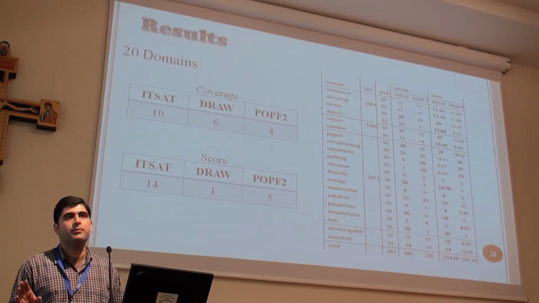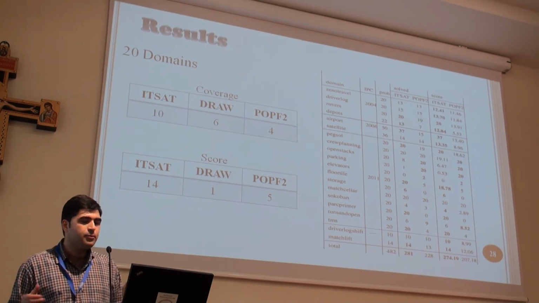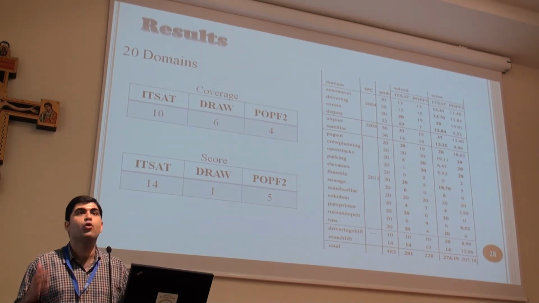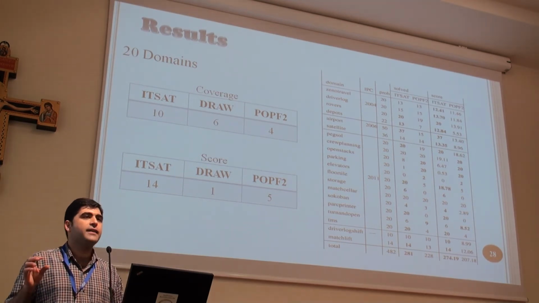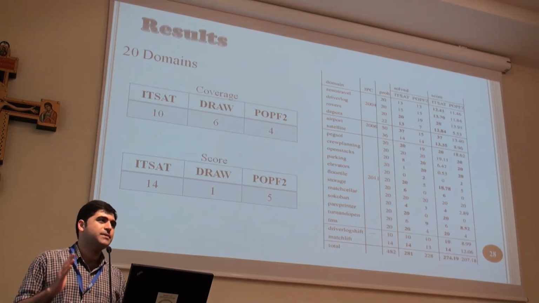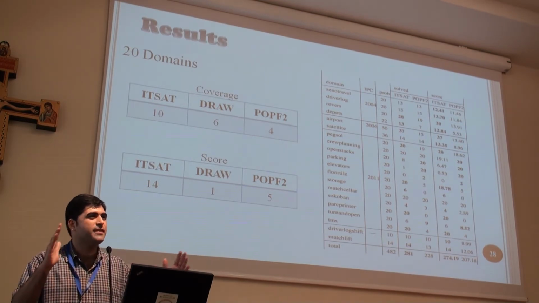And in score, I don't want to put emphasis on score, because if we are performing better in score, it's the IPC score. It's either by chance or by the fact that we are solving more problems, or slightly by the fact that we are optimizing the number of steps.